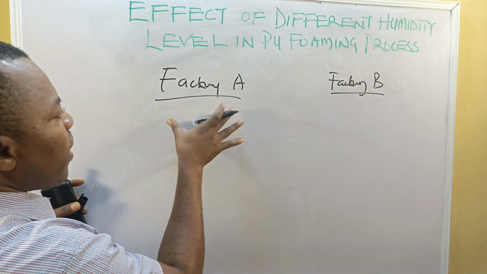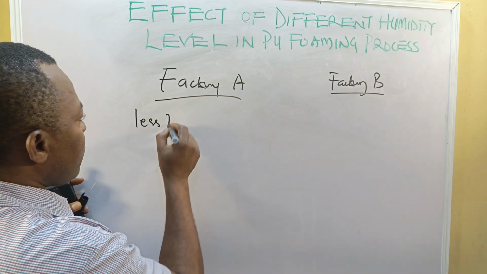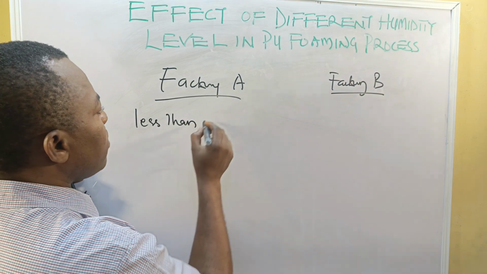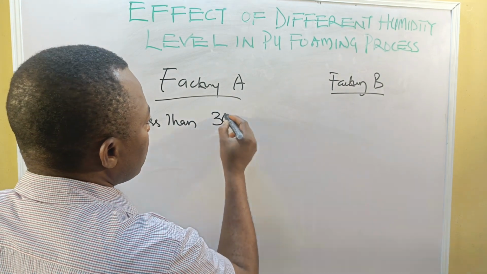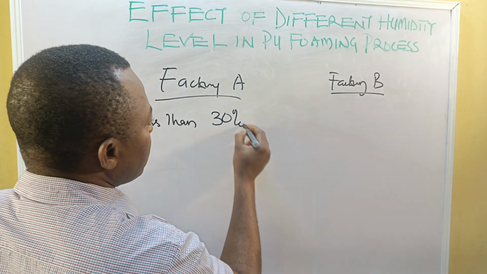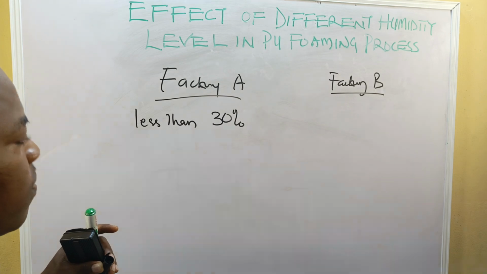Let's assume the humidity level of factory A is less than 30%. Okay, that's what the hygrometer says.